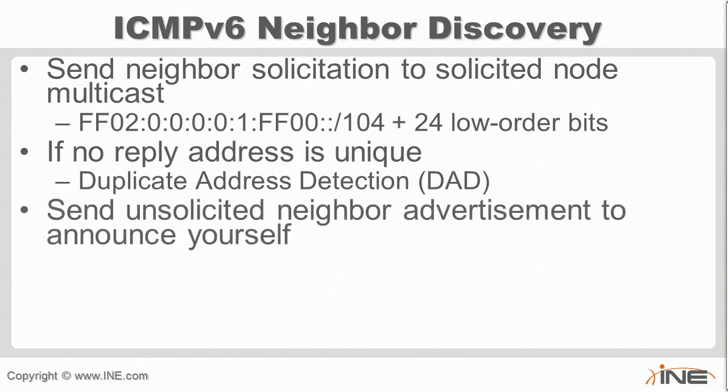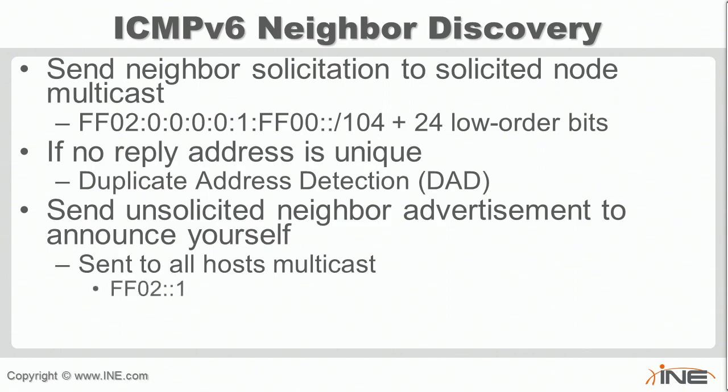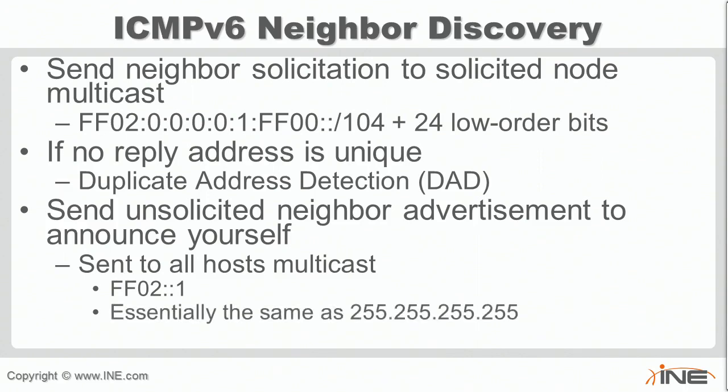It says that when I get onto the LAN, I'm going to start sending out neighbor advertisements, telling everyone this is the address that I want to choose. And the way that I do this is I send it to the all host address of FF02::1. This is basically the same as the all host broadcast address.